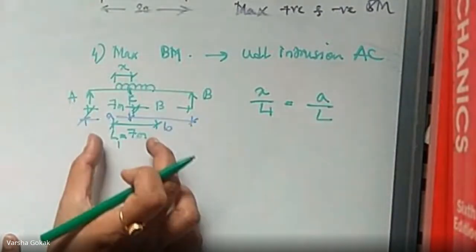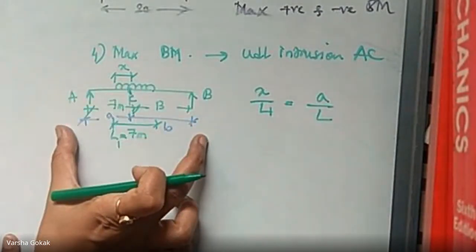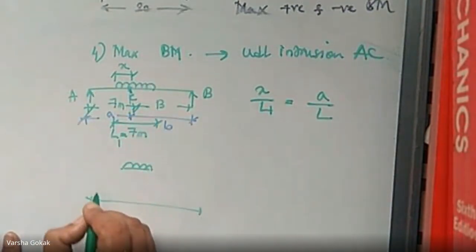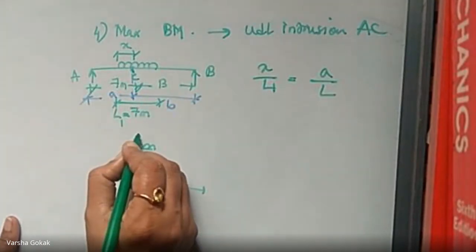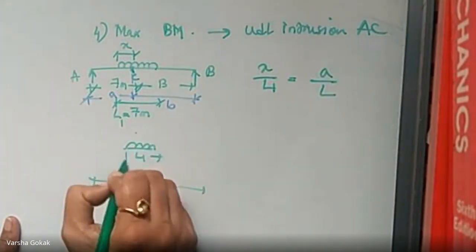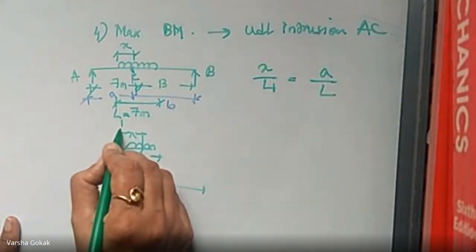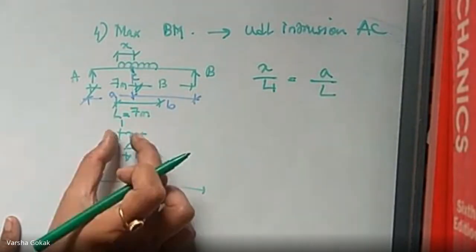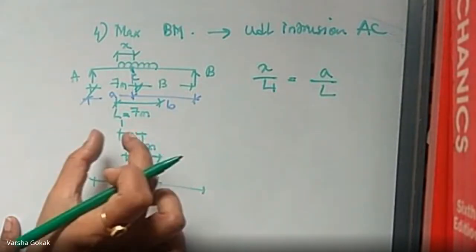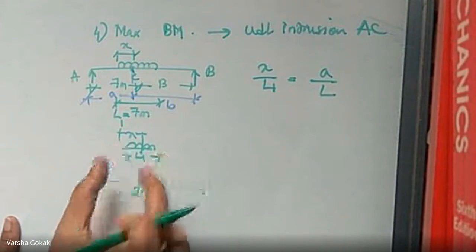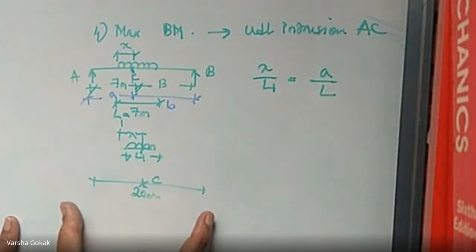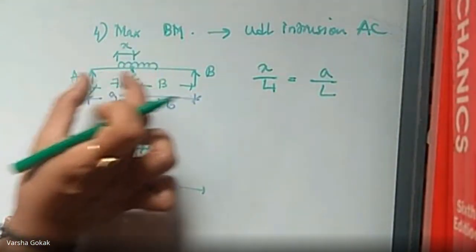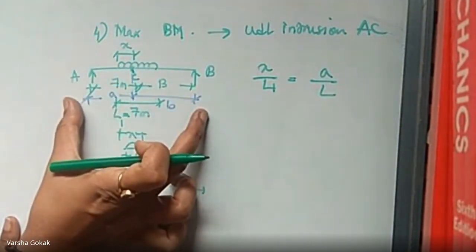Meaning, if I'm comparing this small UDL with the total length of 20 meters, the UDL is L1 meters. In that, the point C is acting at a distance X. So X divided by L1, that is a part of X in L1, is such that this distance divided by the total span, this distance I call A. So X divided by L1 is equal to A divided by total span L.